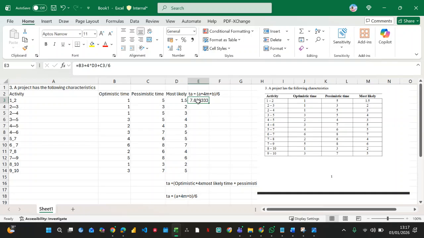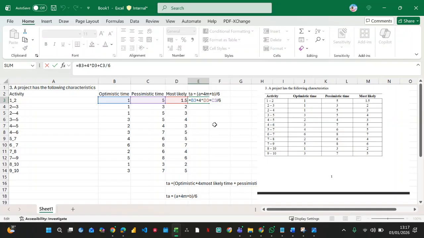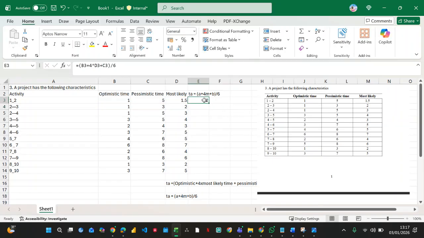This equation is not correct. I need to make use of brackets.